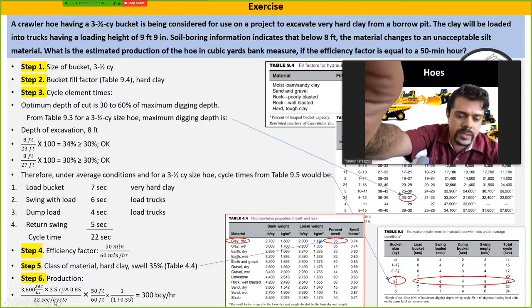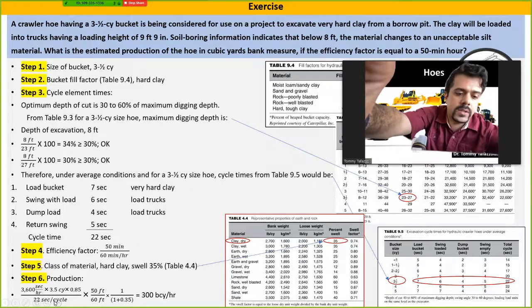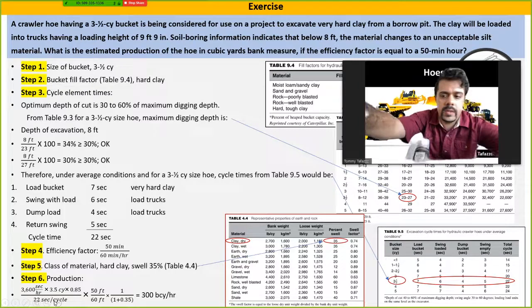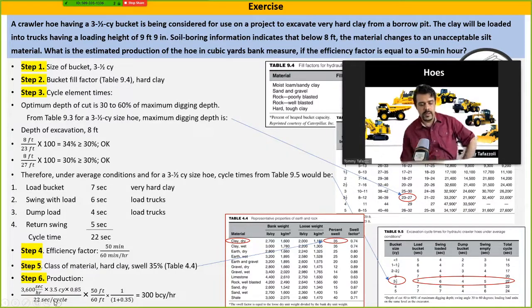And the efficiency is 50/60, right? Not the entire time is useful, but 50 out of 60 minutes is the efficient time. Then we have to make this conversion to change loose to bank cubic yard. If you do the math, the answer would be 300 bank cubic yards per hour.